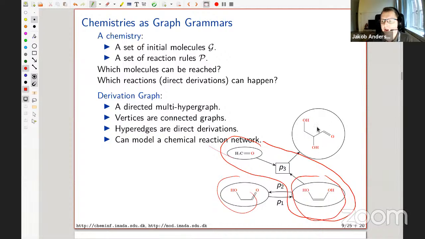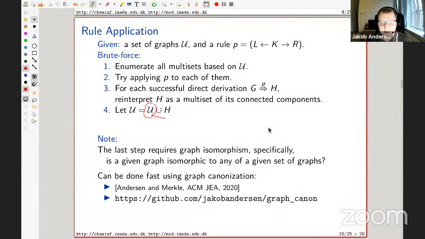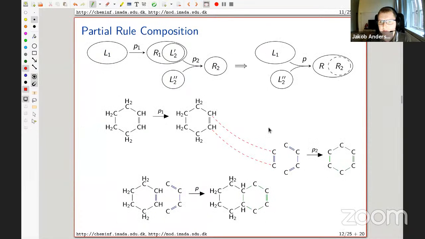And then after they react, if they now result in two molecules, they will float away again. They will not stay together. So we need to do this recombination into multisets all the time. We are enumerating networks, we're not simulating them in this context here. But this is why we go into all this connected component stuff.